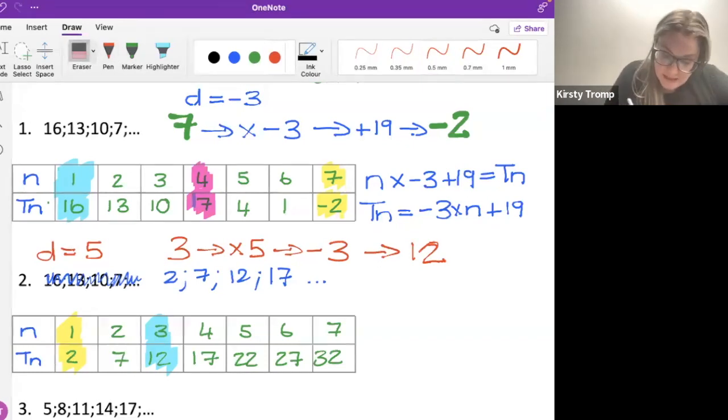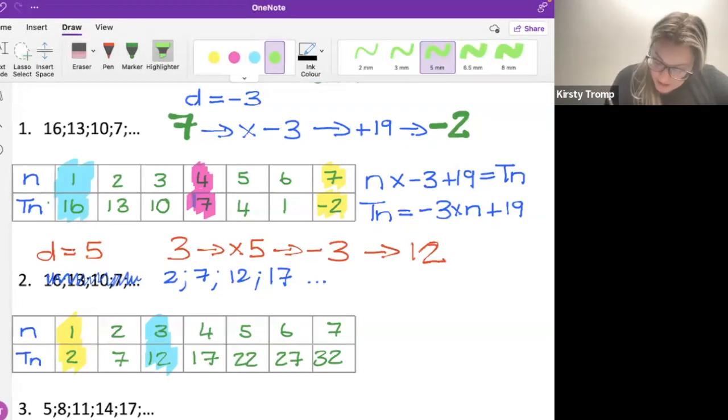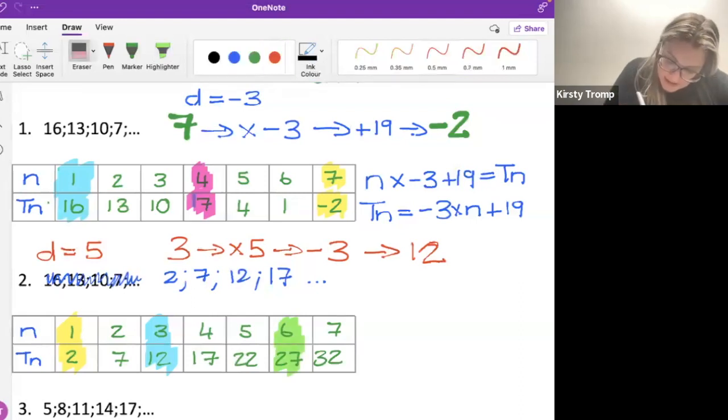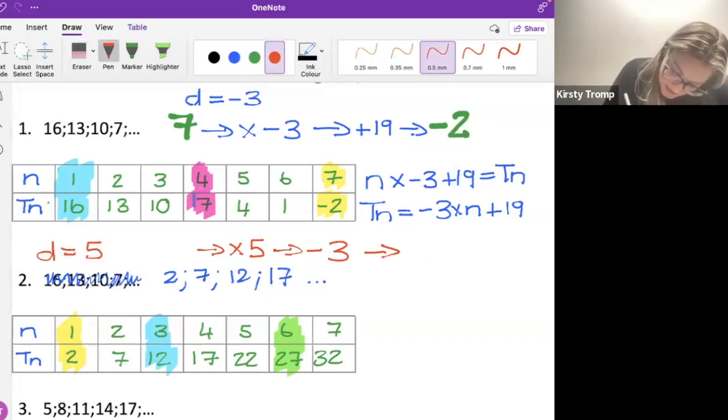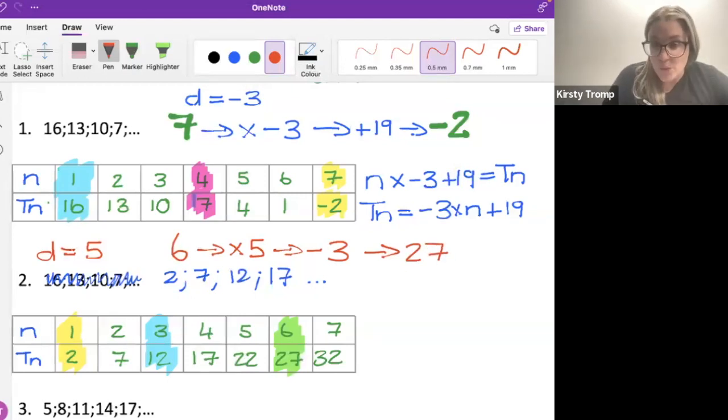All right, let's go try another one. Let's go try the one for number 6. So we go say to ourselves, 6 times by 5 gives me 30, and 30 minus 3 gives me 27. Does it work? Is the 6th term 27? Yes, it is. Beautiful.